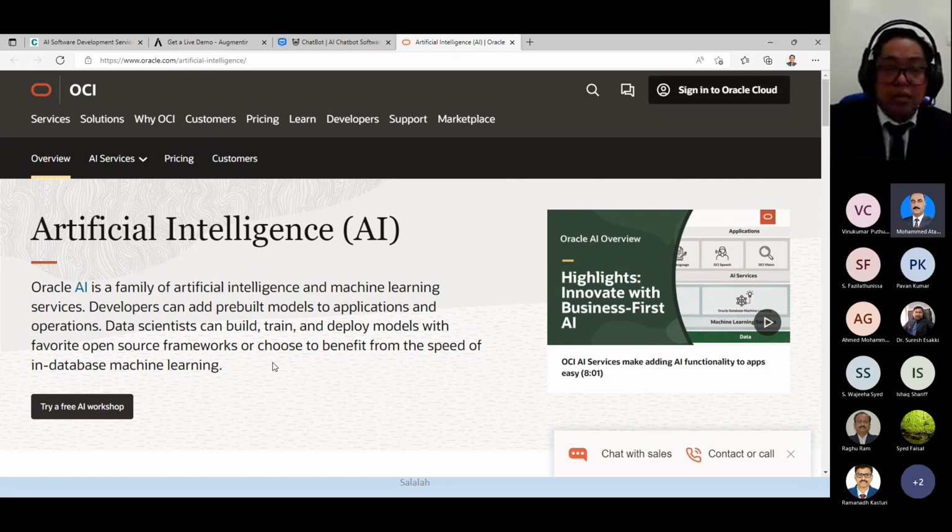Those data scientists I'm pertaining to will build, train, and deploy this kind of model, a framework that will work on your businesses.